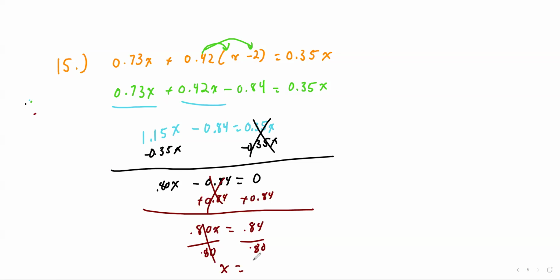Right, they want you to go all the way. So on this one, I'd probably simply just say use a calculator. I can see that 0.80 will go in there at least one time, and then I would have 4/80ths left. But really and truly, it's probably type this into the calculator: 0.84 divided by 0.8.